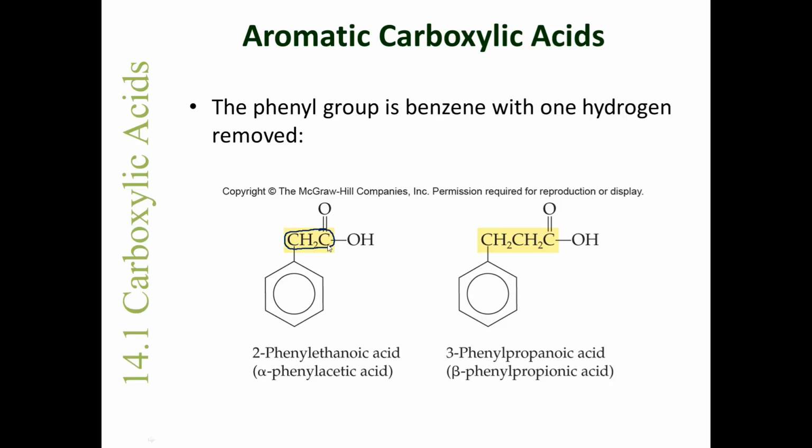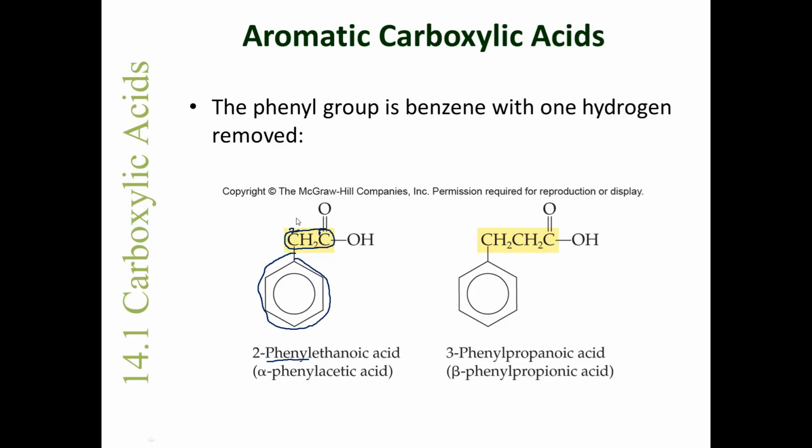So it's a carboxylic acid, and we would call it ethanoic acid. So now you're going to think of this part as attached to that chain, and so that's where we get the 2-phenyl ethanoic acid, because this is the first carbon and this is the second carbon. All right, 2-phenyl ethanoic acid.